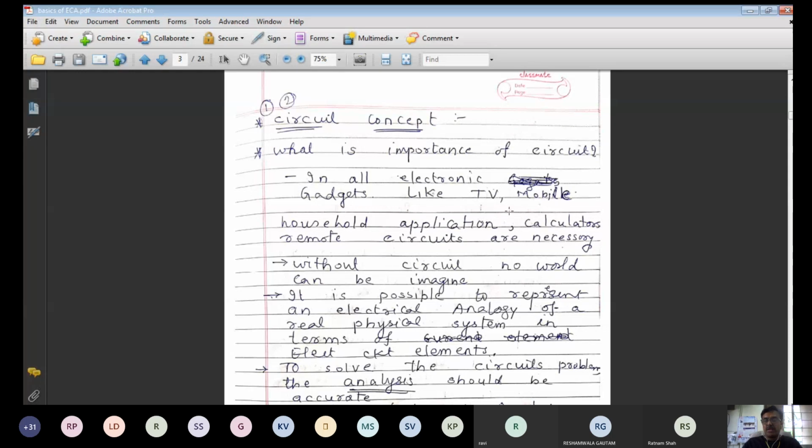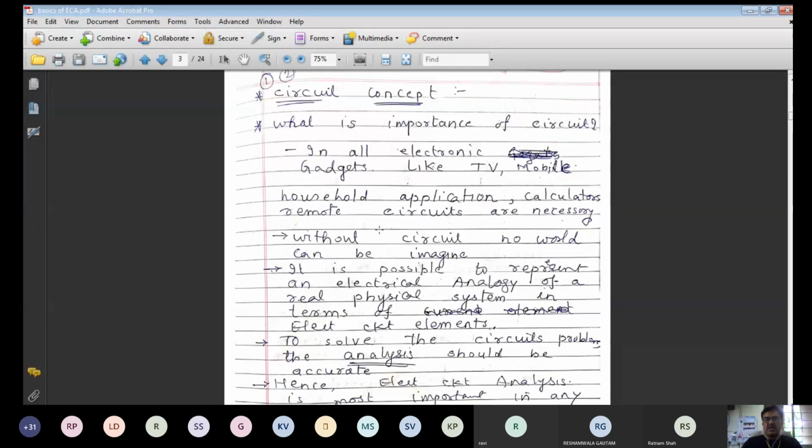Then calculators or remote controls, all of these make it necessary to study electrical circuits. Suppose your remote is not working, what you do is open the remote, take the circuit out and repair it, and you will find the remote is working. So for repairing any circuit, you should know the fundamentals of the circuit. What are the components? What is the value of current? What is the value of voltage? What is the value of power? You should know all that.